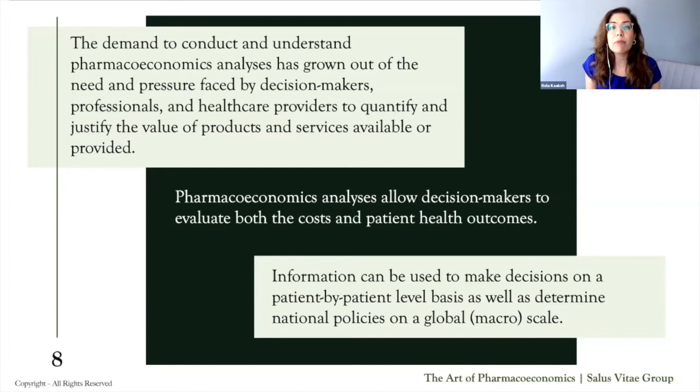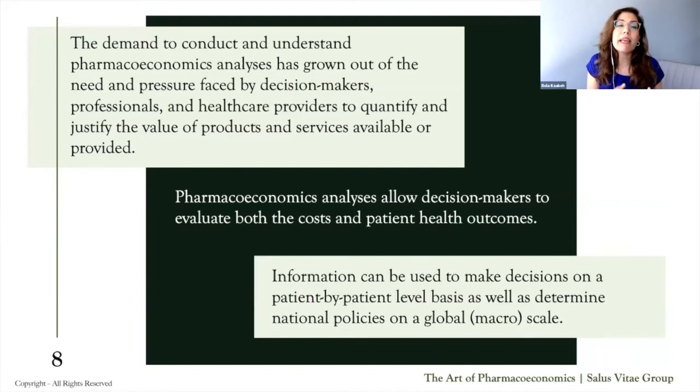Now, I want you to keep in mind that pharmacoeconomics is not the silver bullet. It is not the only analysis that is used to make a decision. It is one of many, but it is used to allow decision makers to evaluate both the costs and patient health outcomes. Because many of us within the healthcare space are so focused on the clinical health outcomes, which makes sense, right? But then there's always a cost associated with anything.